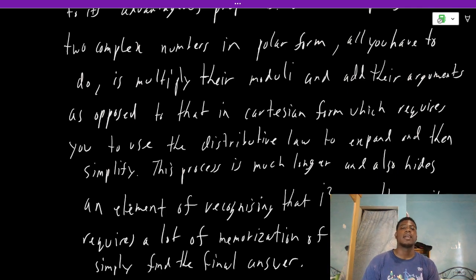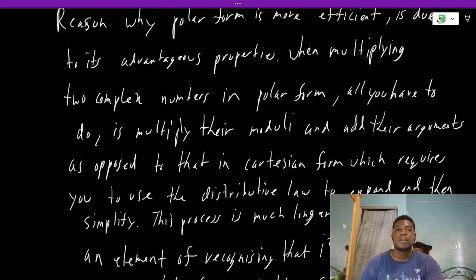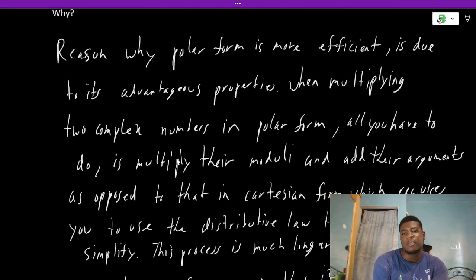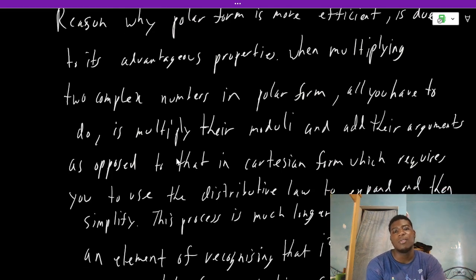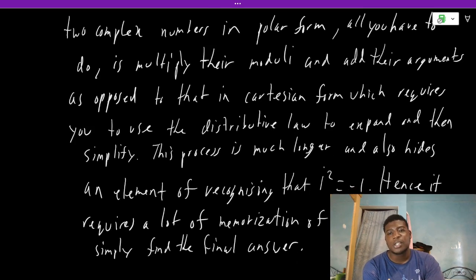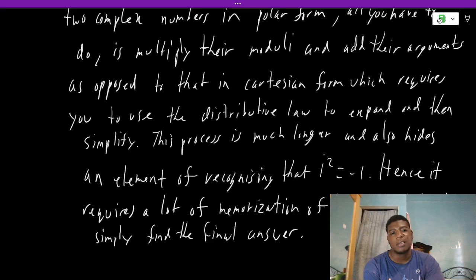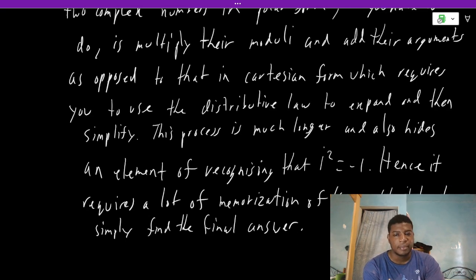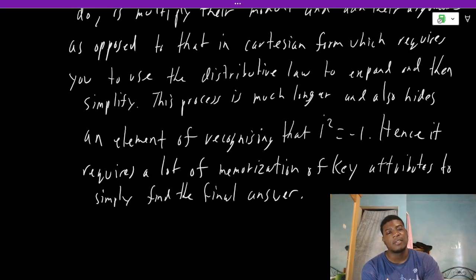Hopefully that sounds correct. So the reason why polar form is more efficient is due to its advantageous properties when multiplying two complex numbers in polar form. Because all you have to do is multiply the moduli and add the arguments, as opposed to Cartesian form, which requires the distributive law to expand and then simplify. This process is much longer and also hides an element of recognizing that i squared equals -1. Hence, it requires a lot of memorization of key attributes to simply find the final answer.